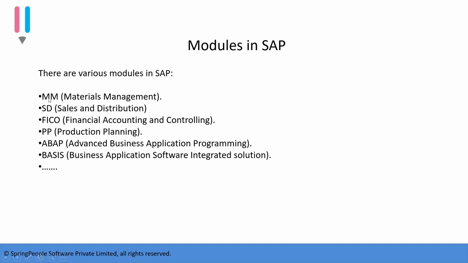If you recollect, I mentioned only 6. This is because these are the bare minimum modules which are required to run any business organization. PP is an exception, because PP is used only if you have some manufacturing facilities. If there is no manufacturing, then PP is not required.